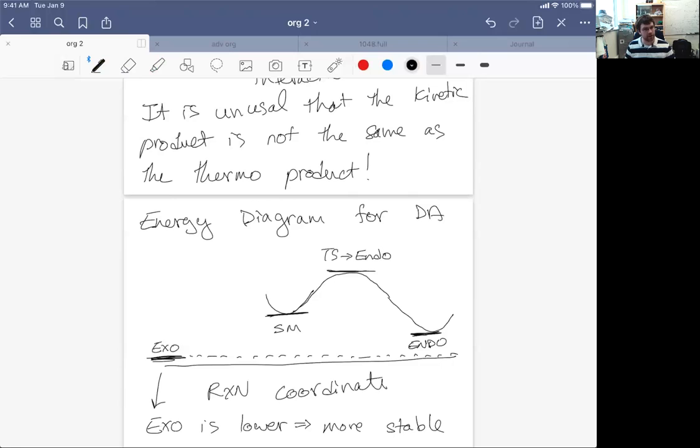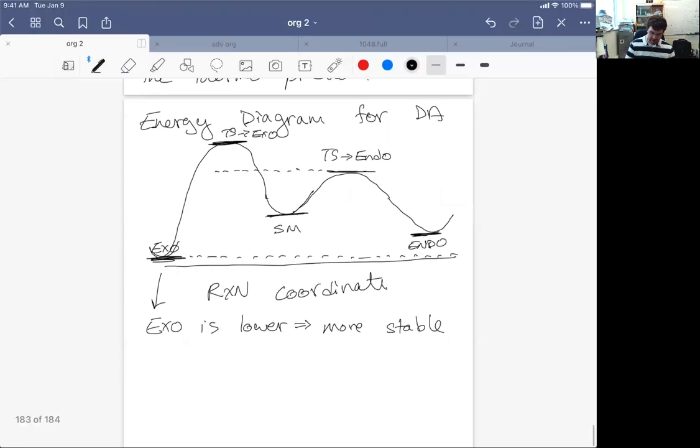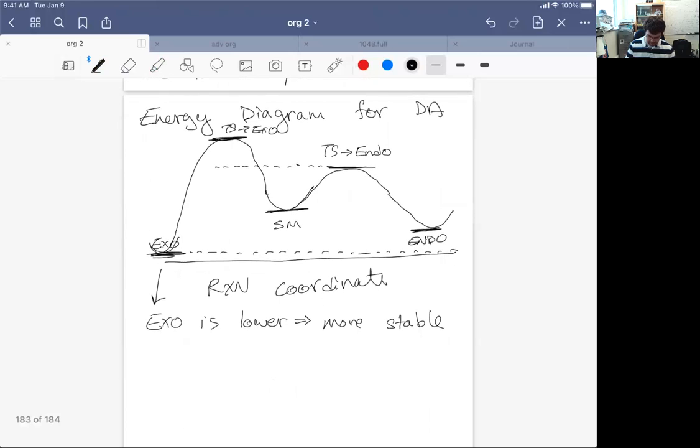But even though the exo is lower and is more stable, the hill to get to the exo is higher. So this is our TS exo. And that's higher than the endo.